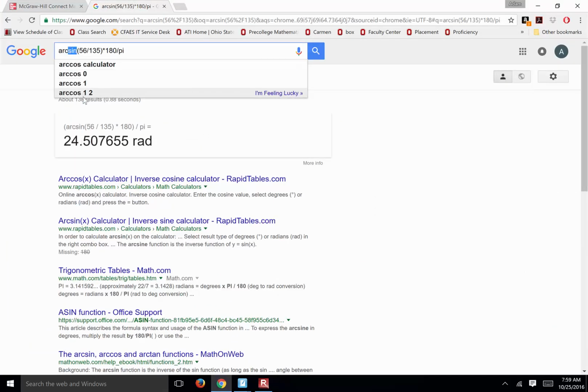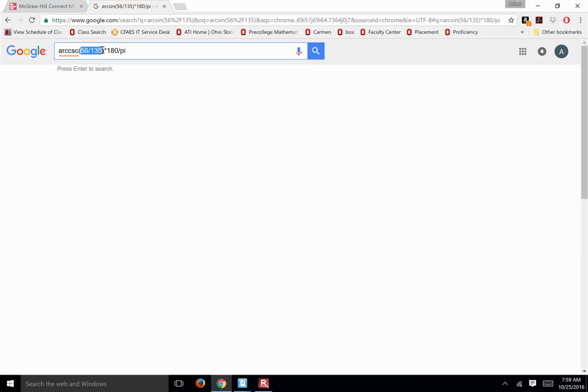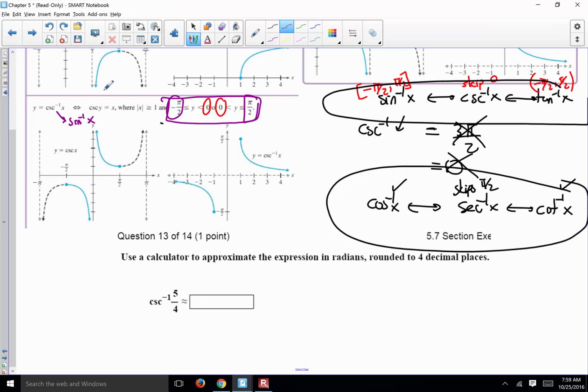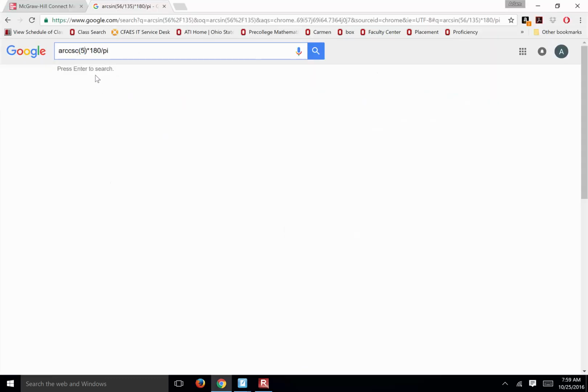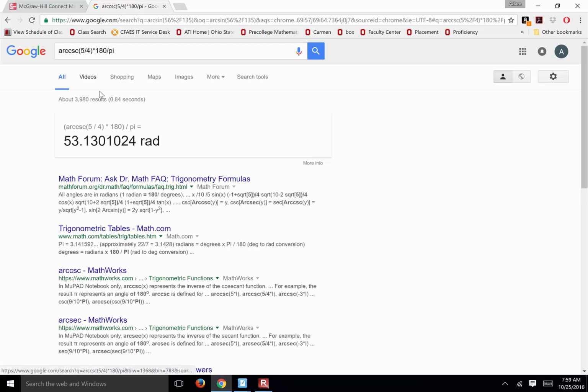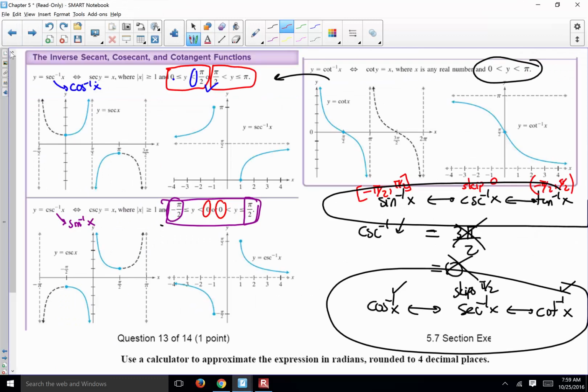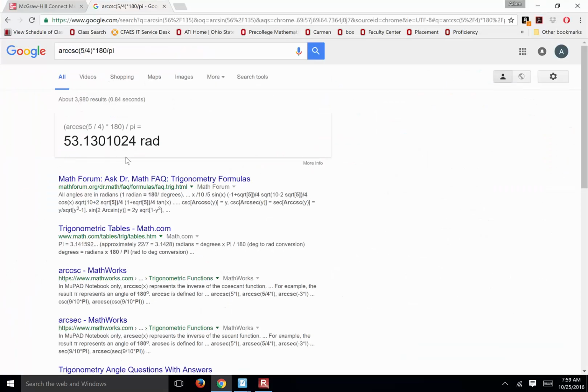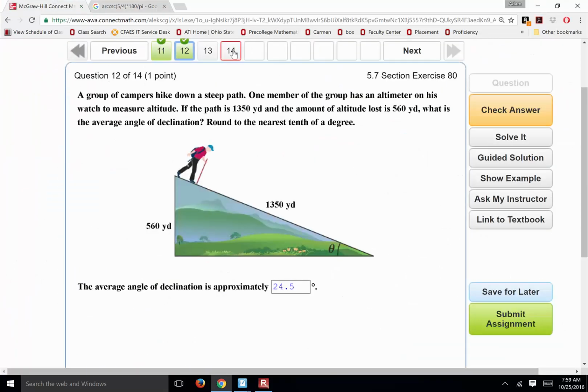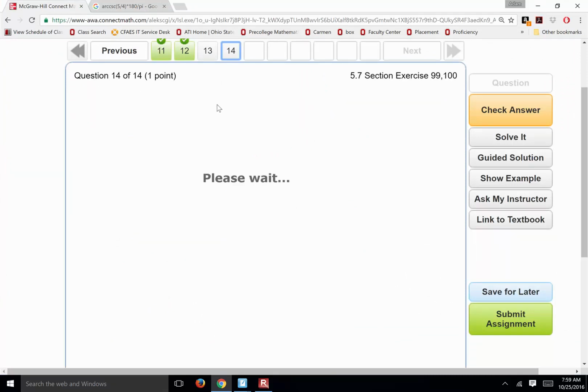Arc... 5 quarters. 53.1301 is the answer for this one. And I don't even take the last one, but I think that's also a calculator question.